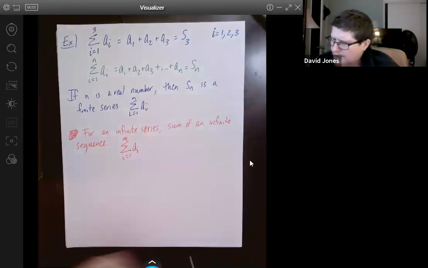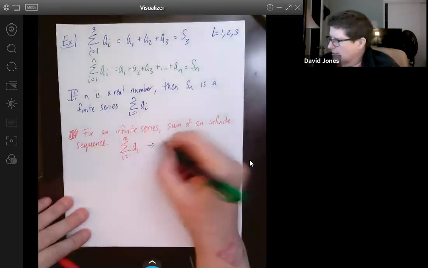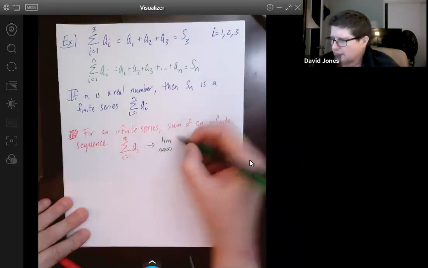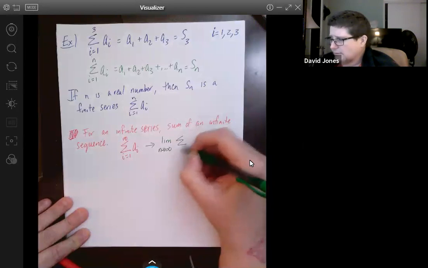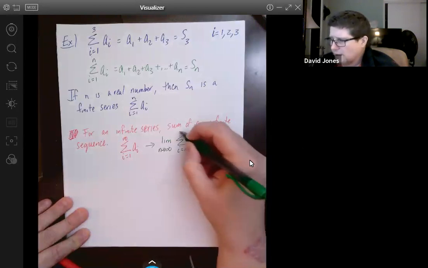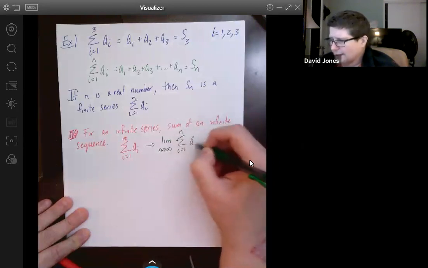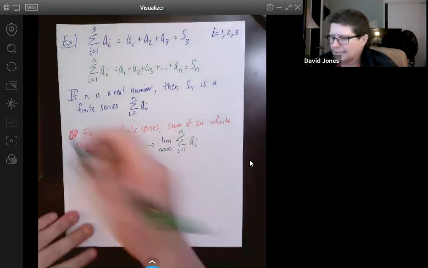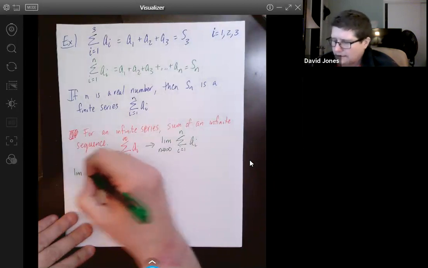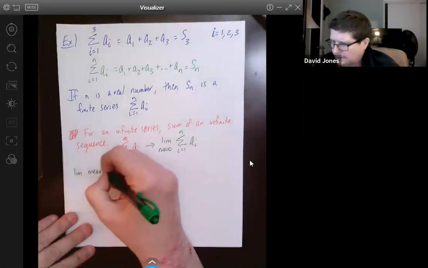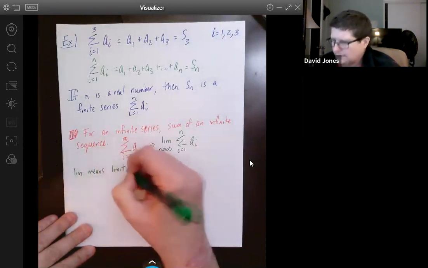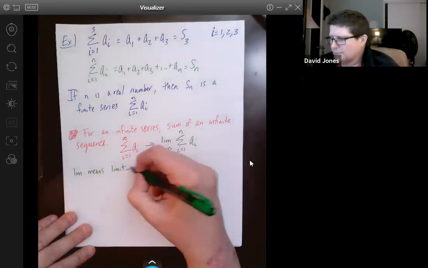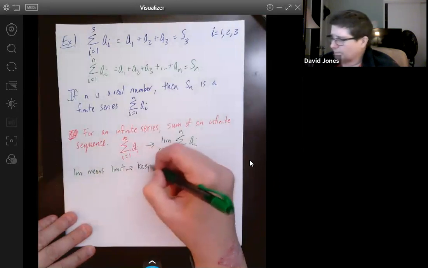And another way you'll see this is you'll see this: the limit as i equals 1 to n of a sub i. LIM means limit, which means keep going until you get to the number.